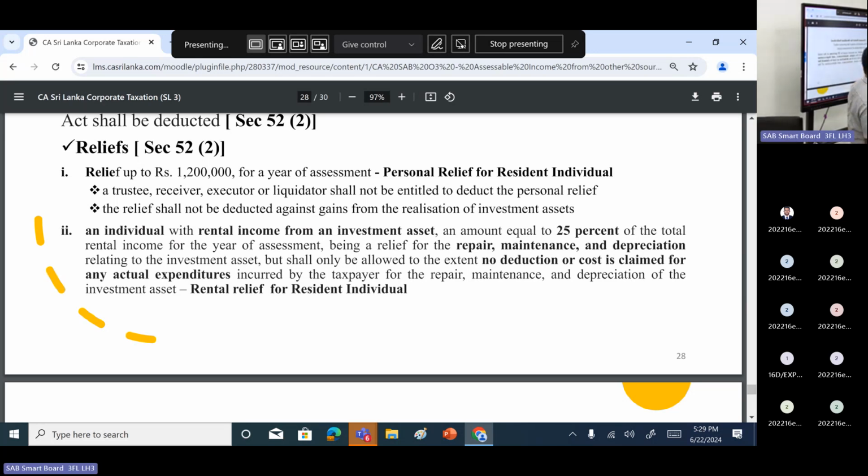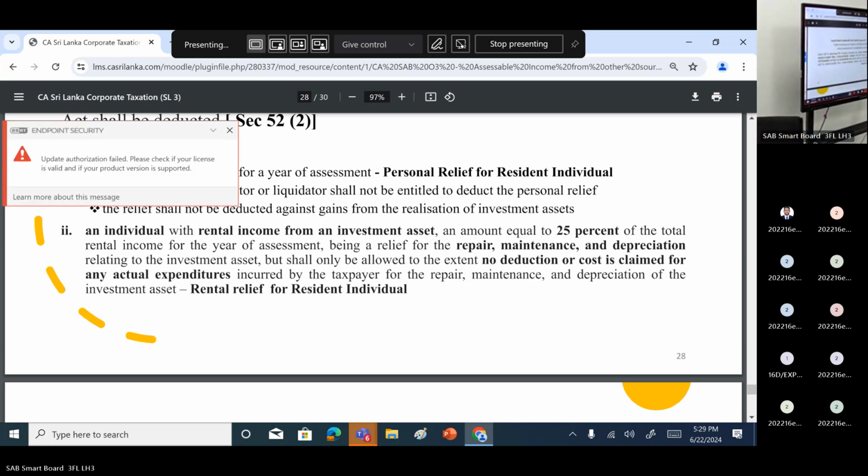Actually, I applied this section for one individual. The tax authority had worked out the tax exposure, because the particular individual had a bank loan to construct that building. Interest cost was somewhere around 9 million. Of course, that rent income is more than 25 million or something.